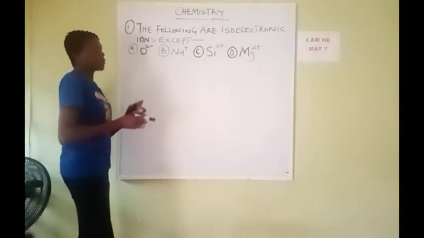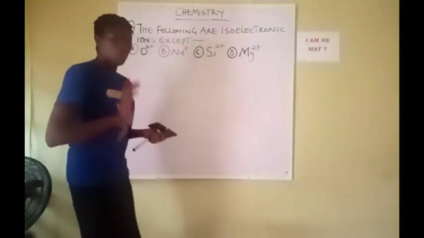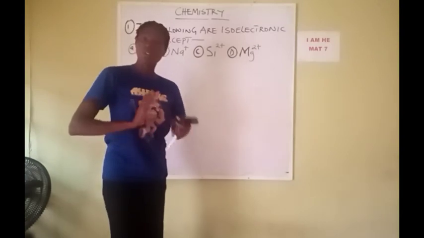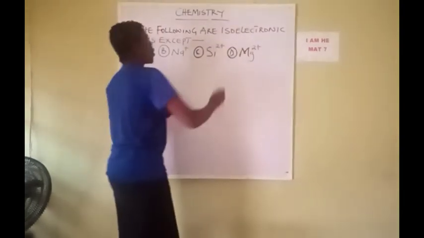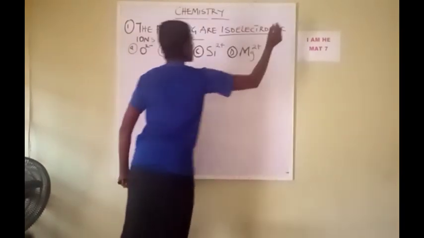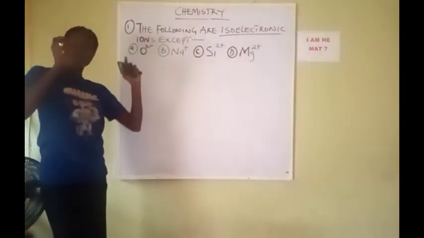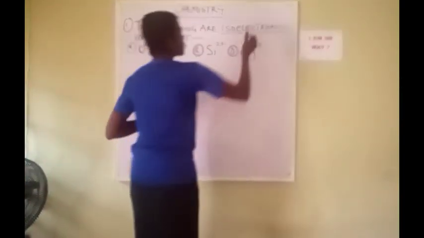Now the keywords here, like I do say in my video, you first of all analyze the question. When you have a proper understanding, you can solve or answer the question correctly as well. So isoelectronic is got on the word. Iso means the same, and electronic means electrons.